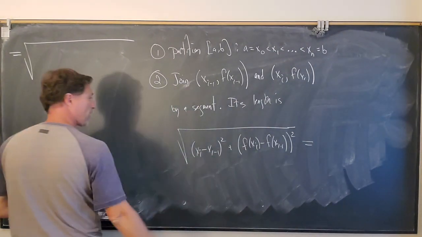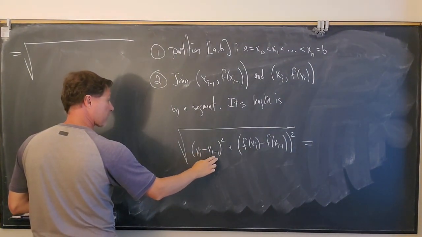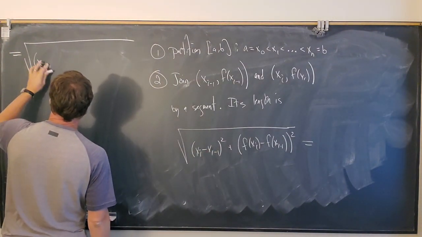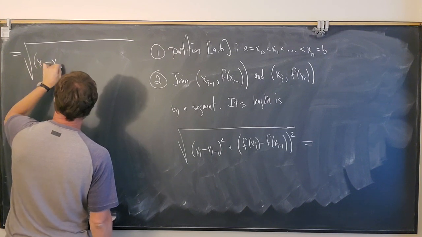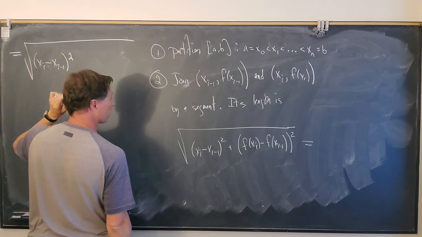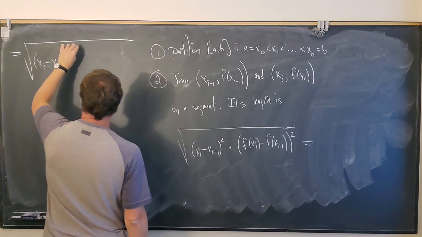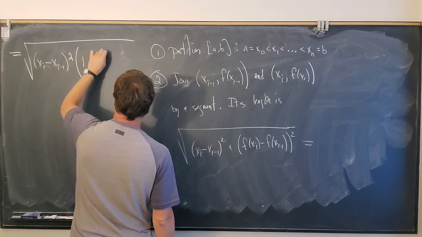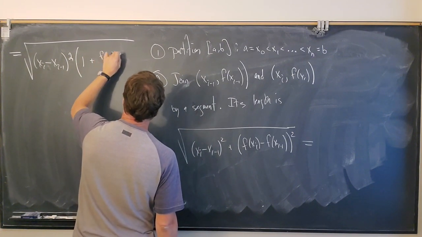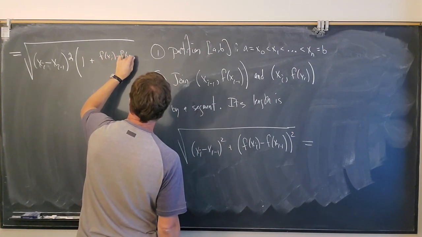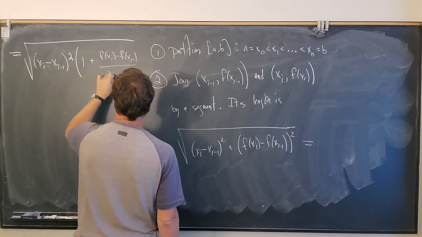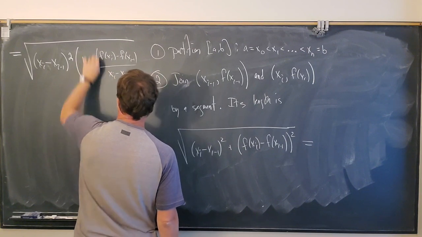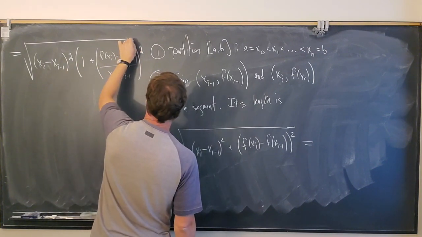All right, I'm going to factor (x sub i minus x sub i minus 1) squared out of each piece. So this will be (x sub i minus x sub i minus 1) squared times 1 plus (f(x sub i) minus f(x sub i minus 1)) over (x sub i minus x sub i minus 1), all of that squared.